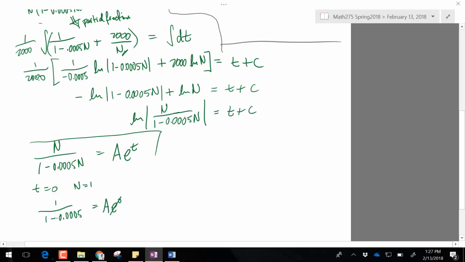So a is going to equal this. Can that be written any nicer? We can just plug it in the calculator and figure that out. So what is this equal to? 1 divided by 0.999.